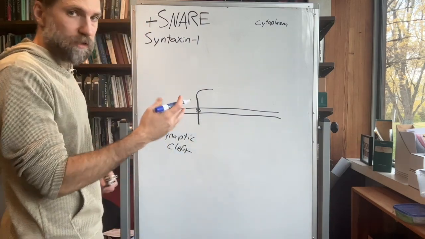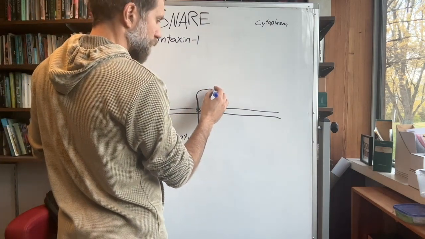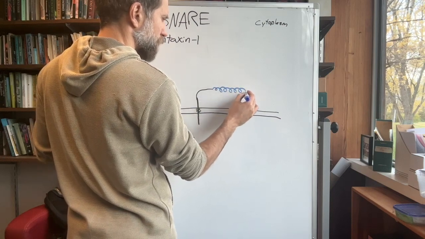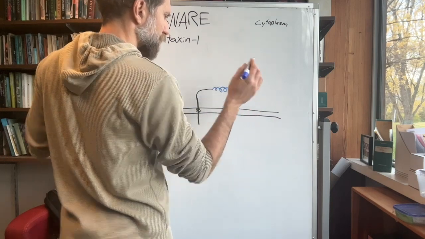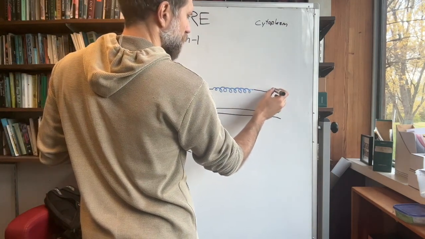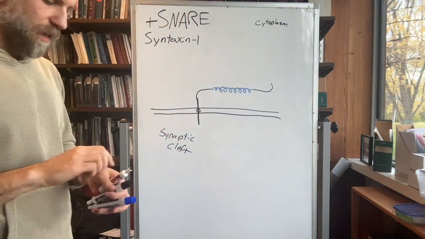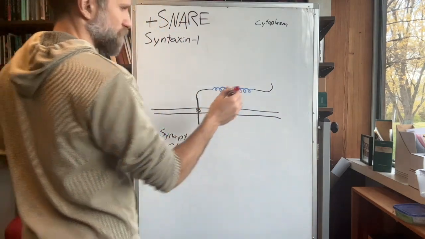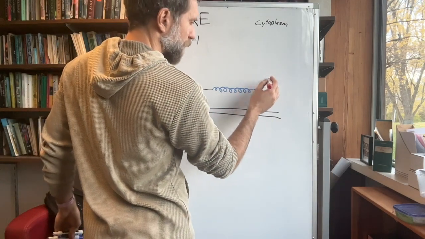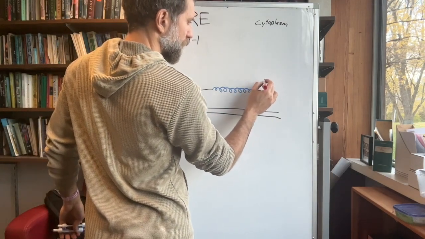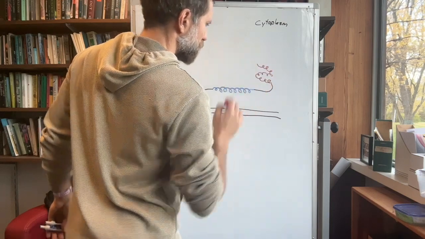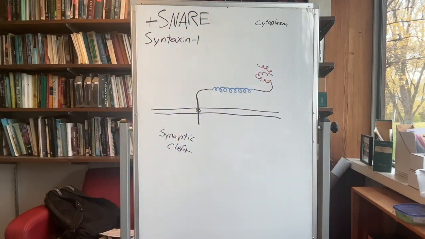And syntaxin 1 has our alpha helix SNARE motif. I'll draw all of our SNARE motifs in blue. The protein goes along, and it also has this other interesting structure, also constructed of an alpha helix that's folded in on itself 3 times, like that.